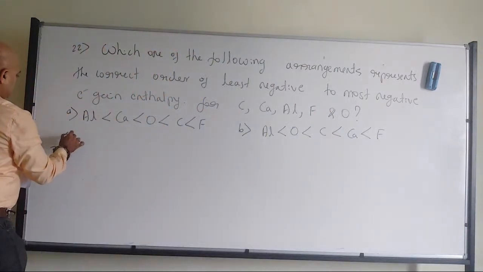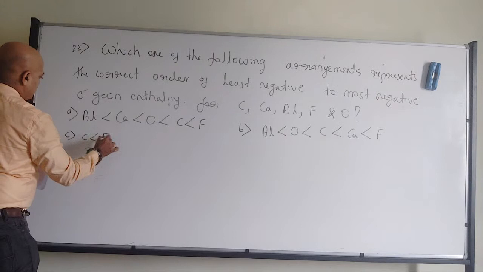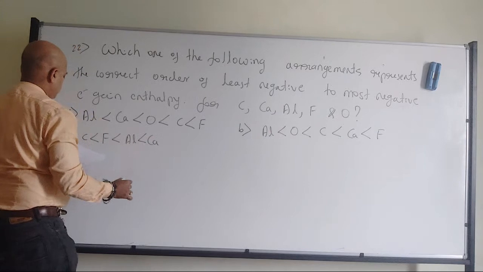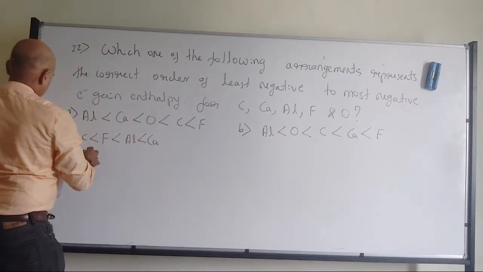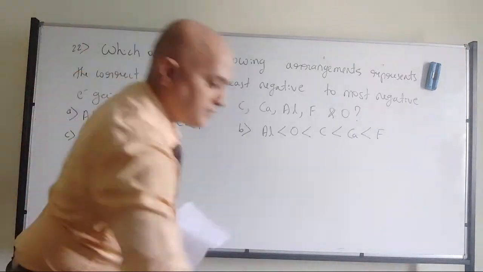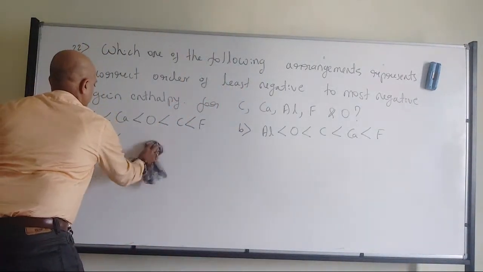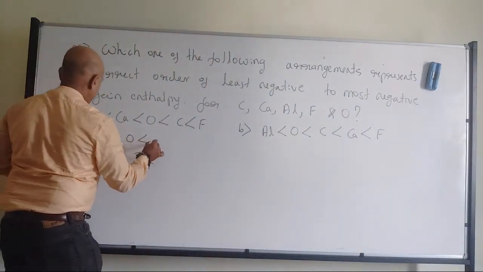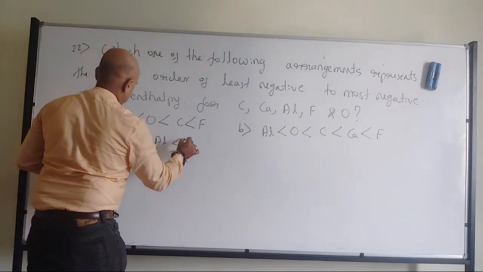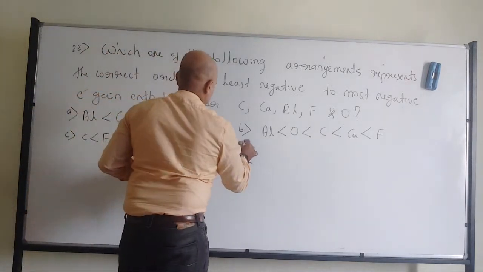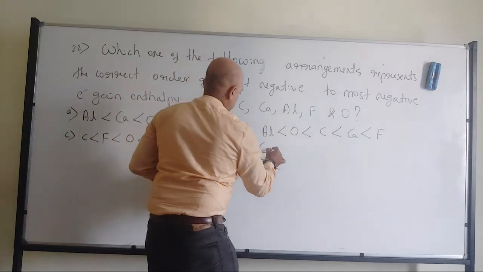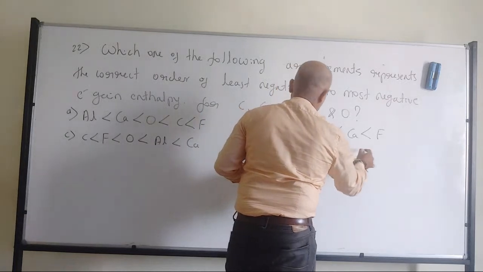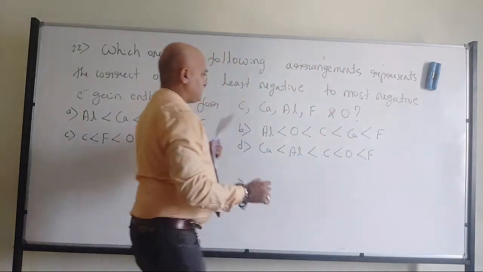Then option C, carbon less than fluorine less than oxygen less than aluminium less than calcium. Option D, calcium less than aluminium less than carbon less than oxygen less than fluorine.